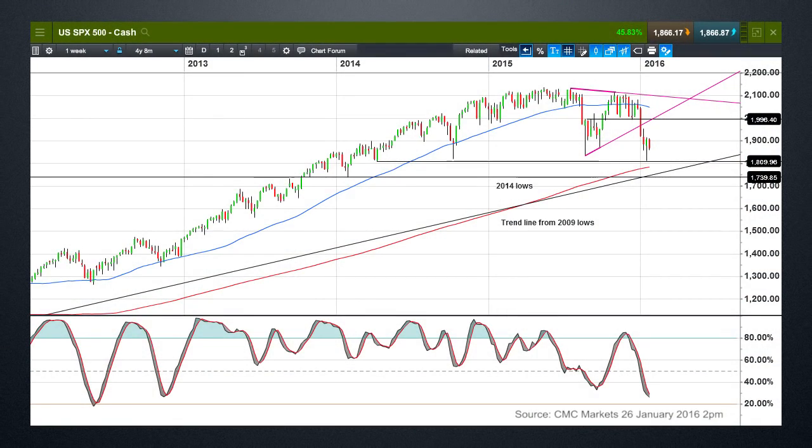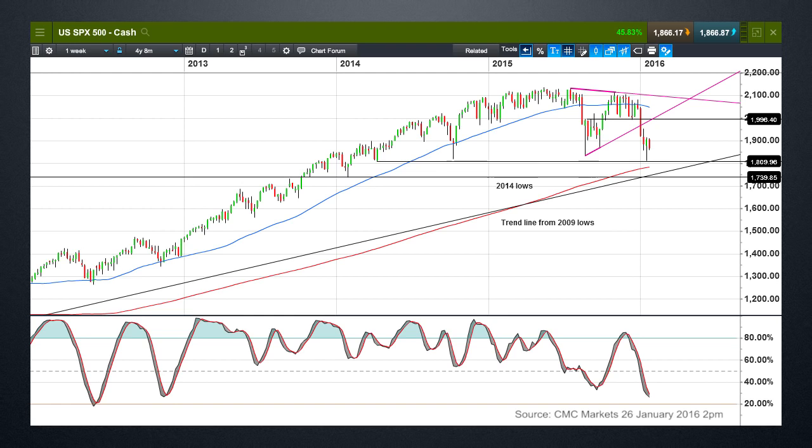Now this chart here is a weekly chart, and I've drawn a support line through the lows through pretty much most of 2014. It currently comes in just above the 1800 level, also above the 200-week moving average, and it's also significantly important that we're above the trend line support from the March 2009 lows.